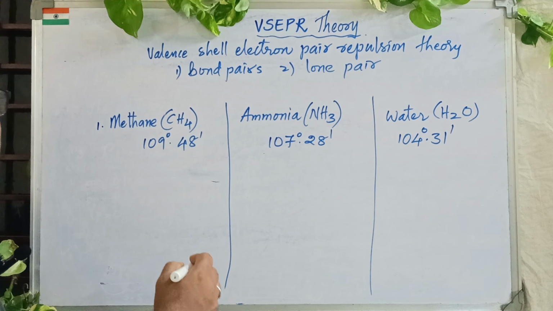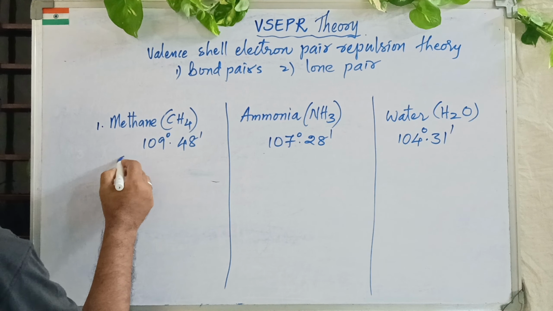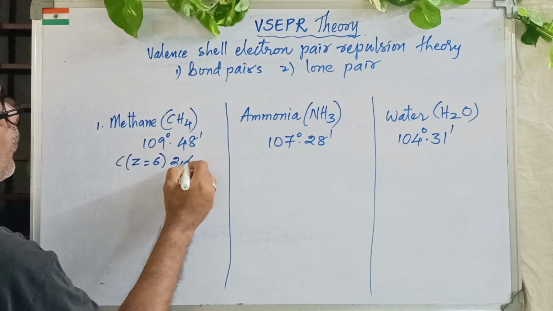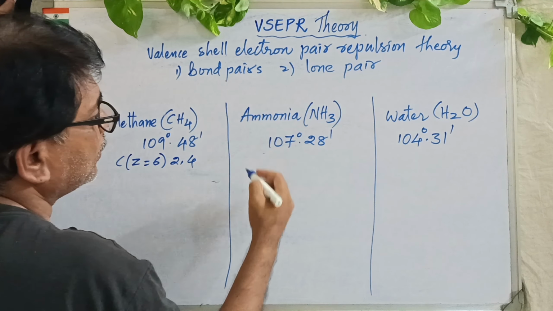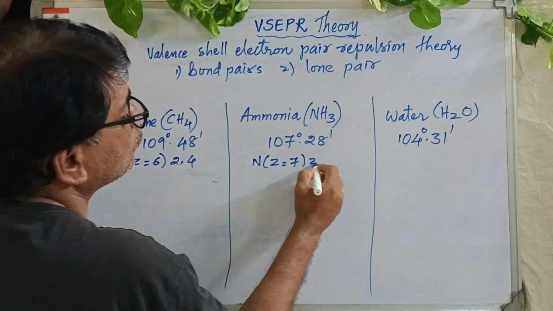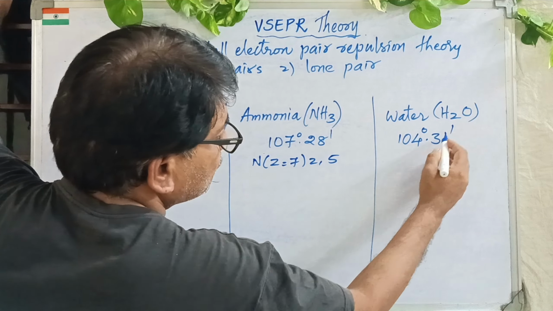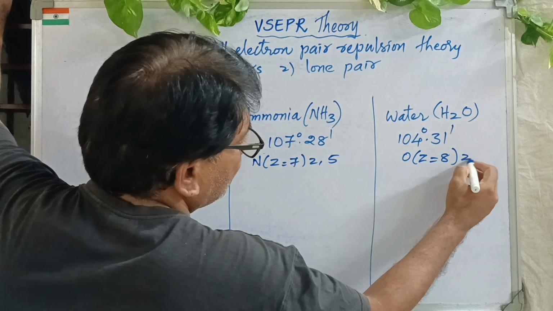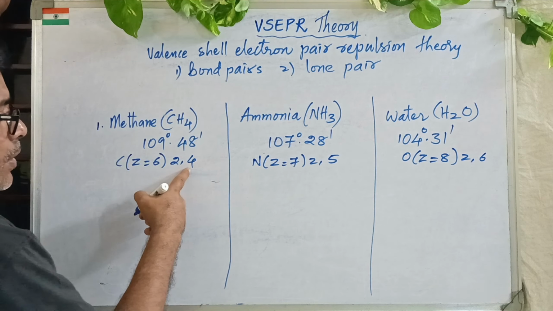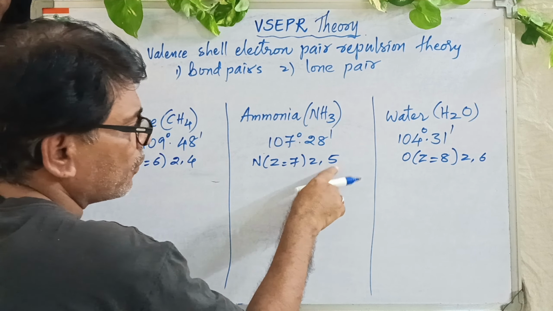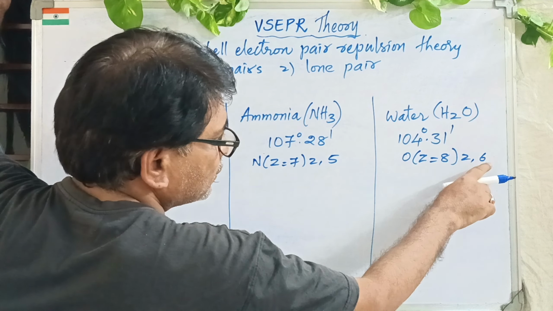Now carbon's atomic number is 6, so 2,4. Nitrogen's atomic number is 7, so 2,5. Oxygen's atomic number is 8, so 2,6. The valence electrons are 4, 5 and 6 respectively.